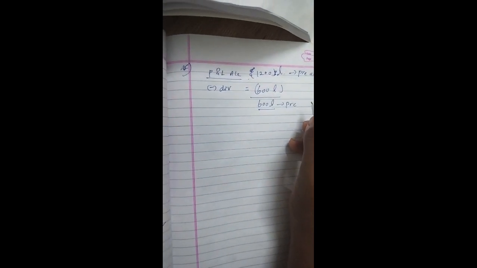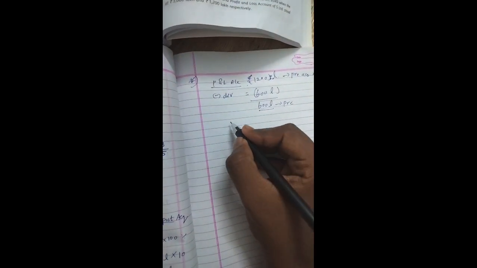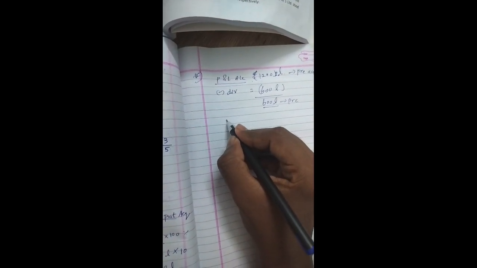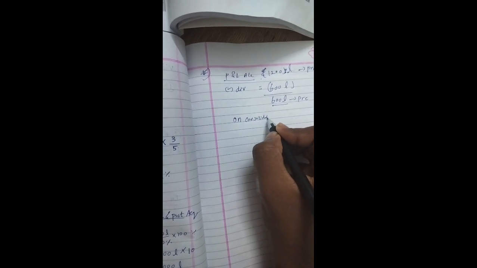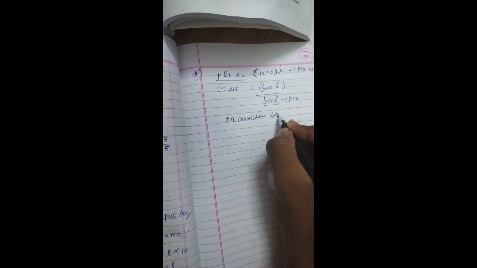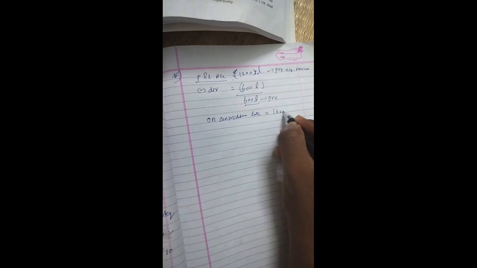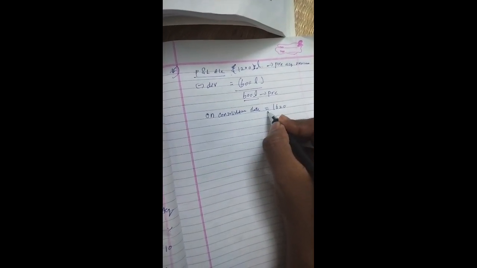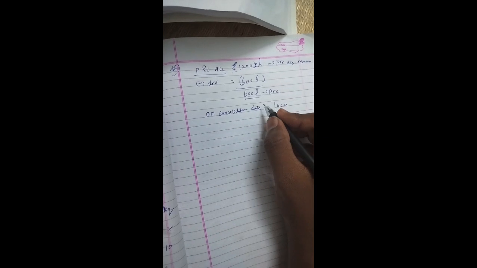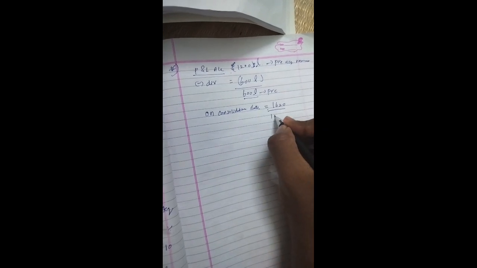In balance sheet, P&L is 1,620. On the date of consolidation, 1,620 is there. So we need to minus the pre-reserves. If we do 1,620 minus 600, you will get 1,020.